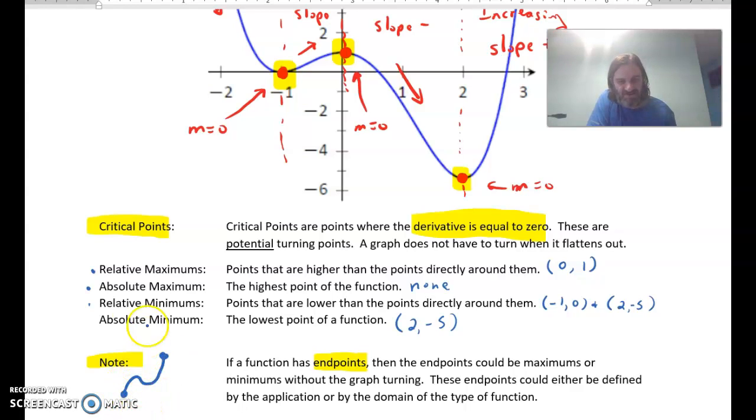So they're not really the critical points that we think of as where it turns around or where it goes flat. But if we were trying to maximize profit, we wouldn't necessarily want this point that I've got way down here, because there is a higher point over here within our domain. Okay, so just things to think about.